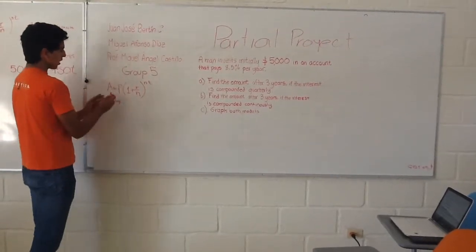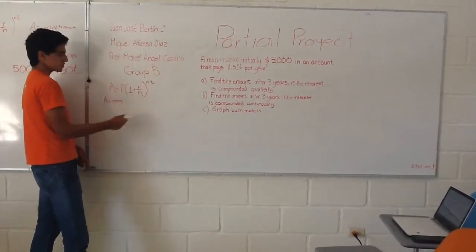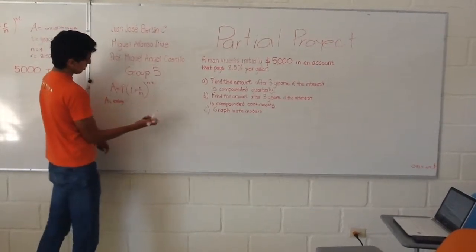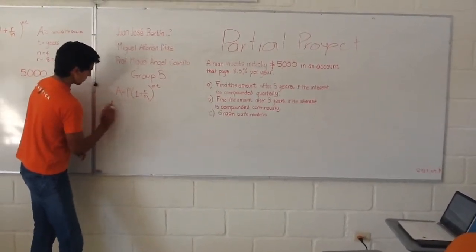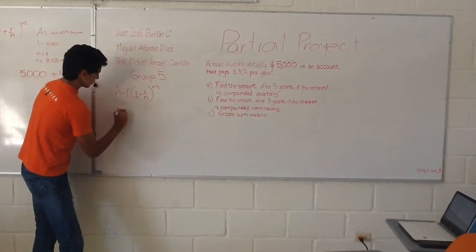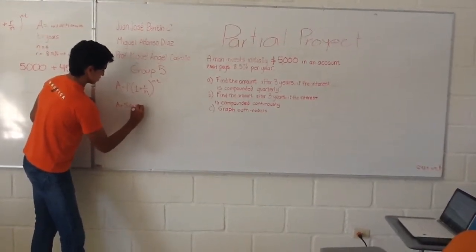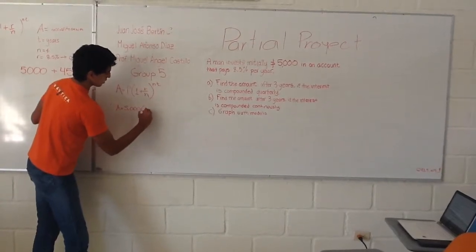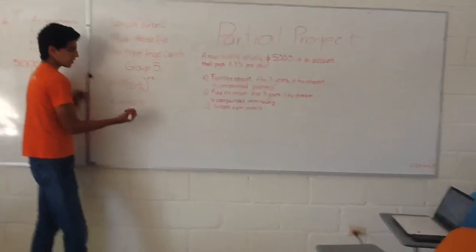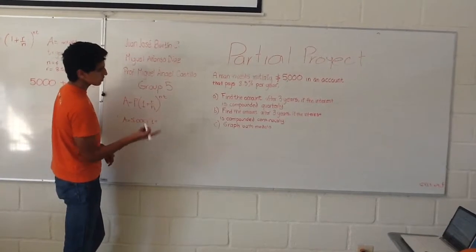So here, after having this formula, we need to substitute the values that we have. In this case, it will be A equals 5,000 pesos times 1 plus r, which is 8.5% per year.